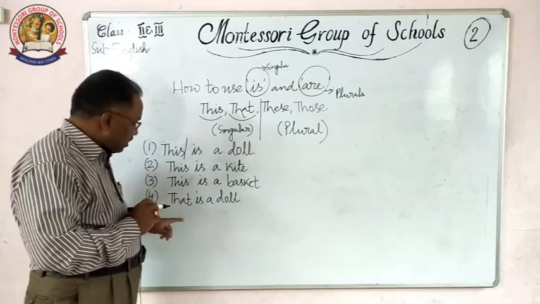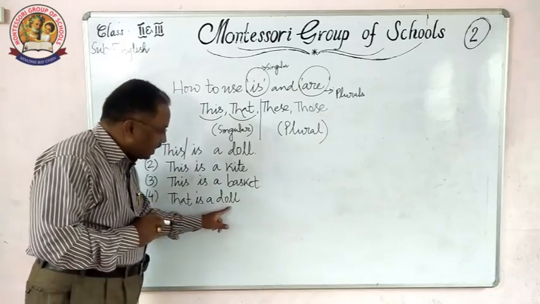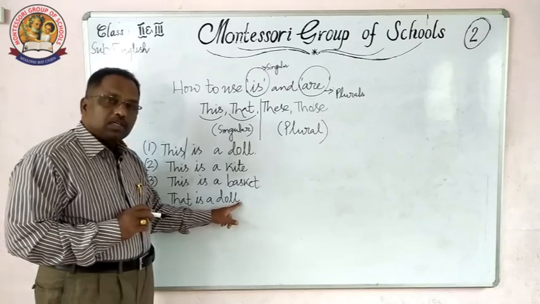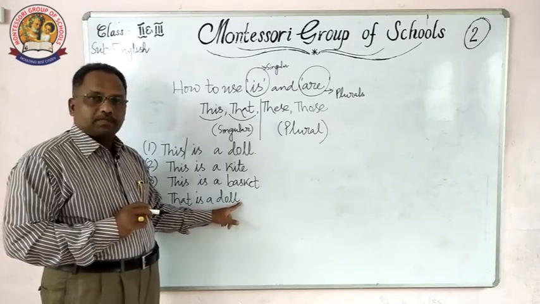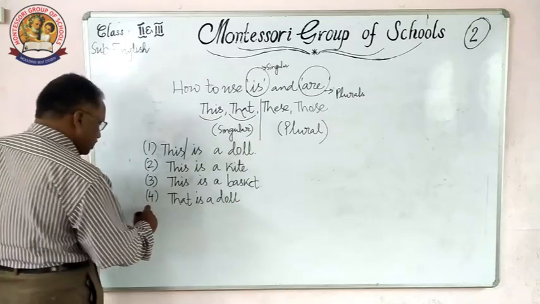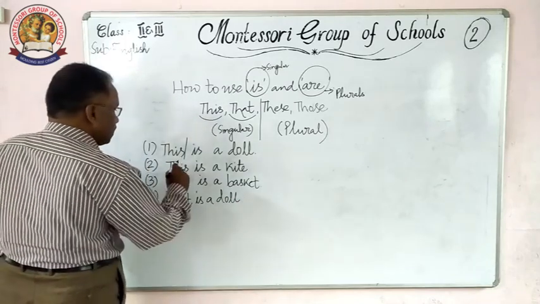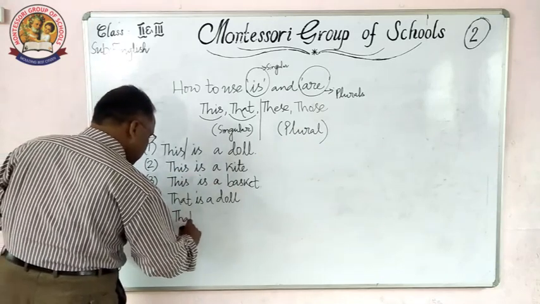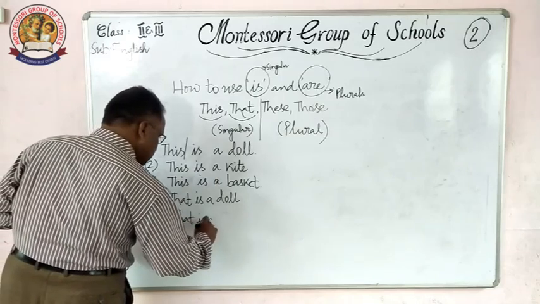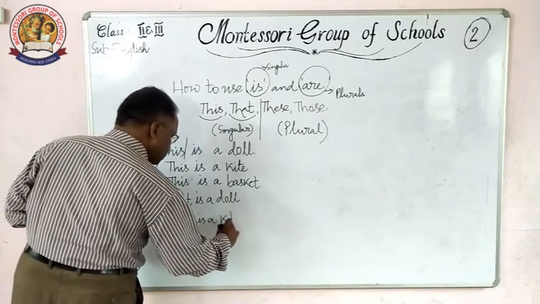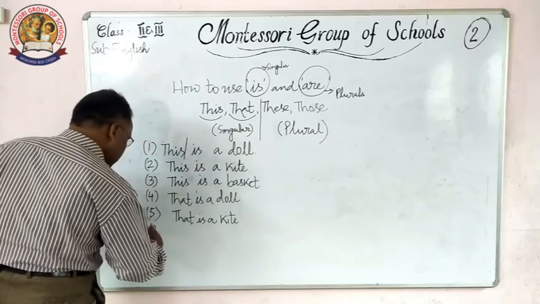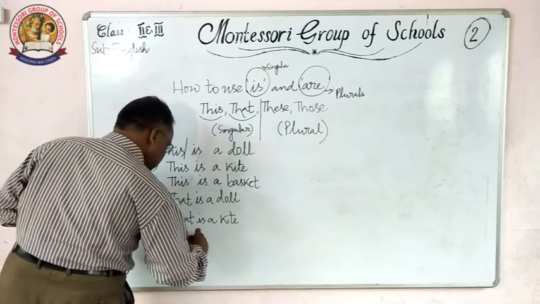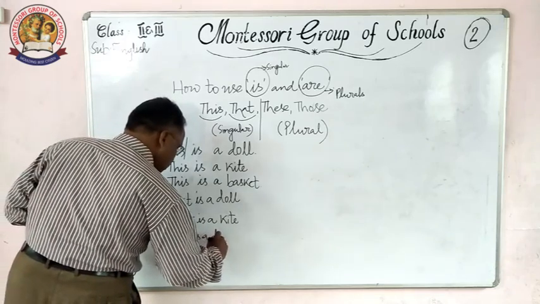You can observe, children, after the end of every sentence, I am using a full stop. A full stop says the end of the sentence. Next, this is a kite. The same sentence can be written in this form also: that is a kite. Similarly, this is a doll. That is a doll.